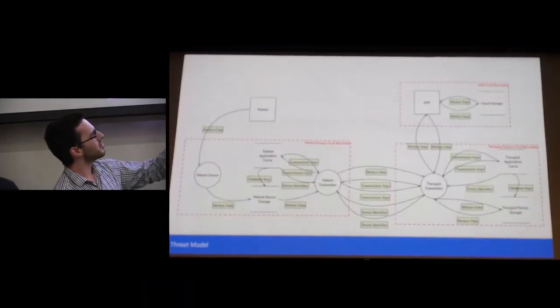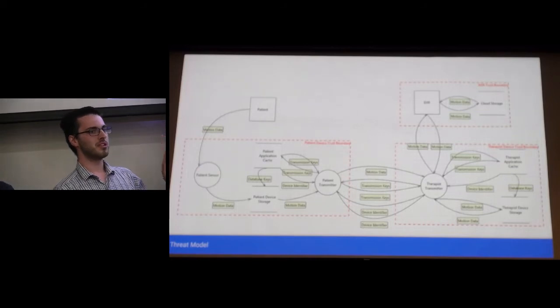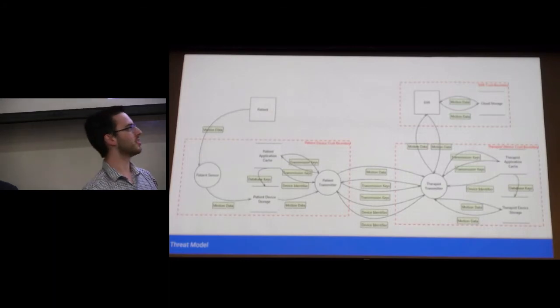The main focus here is motion data is being sent one way from the patient device to the therapist device, but encryption keys as well as session information is being passed in two directions.